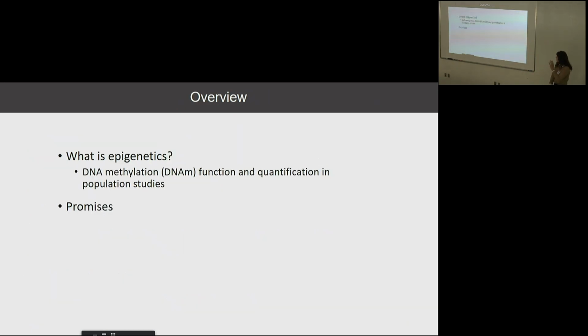So promises. This is, I think, where the talk gets exciting. Before that, did you have a question? Yeah, Remy. Does the beta change across organs within an individual? Because sometimes they mention that they look at blood cells or liver cells or things like that, or is it mostly uniform within a given subject?